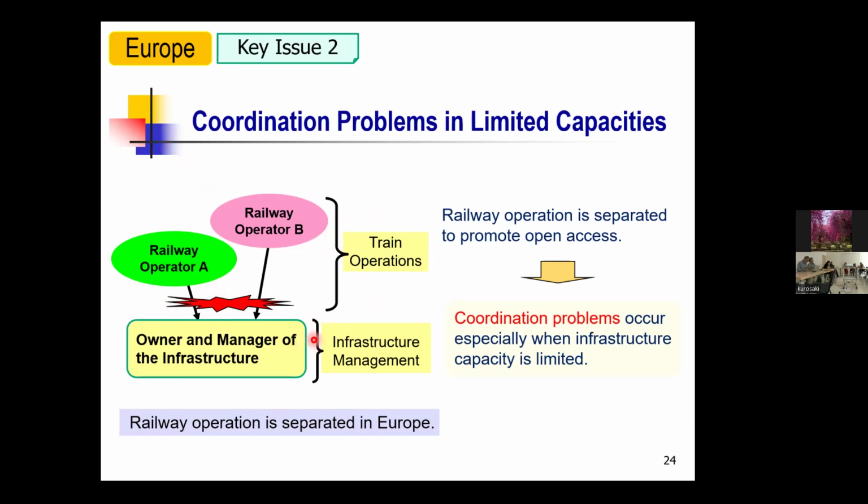In particular, these coordination problems become large when infrastructure capacity is limited. That is, when the number of trains on the network is many. This is the second point of the European railway operation.